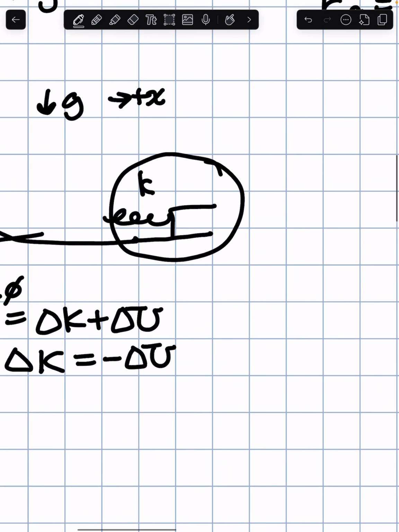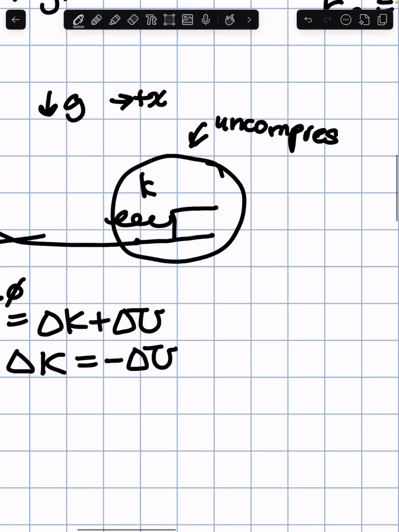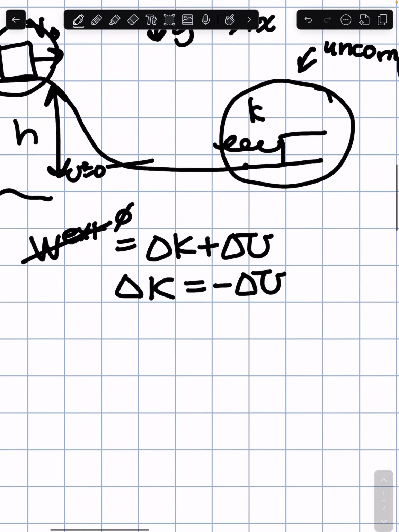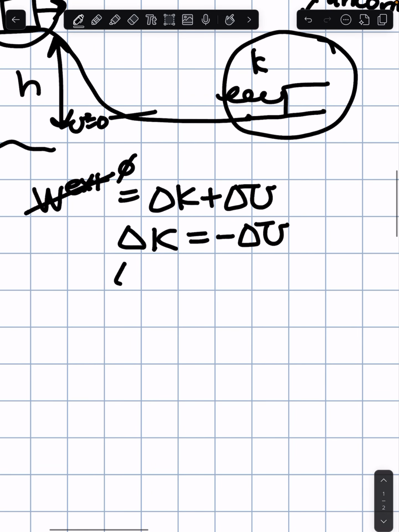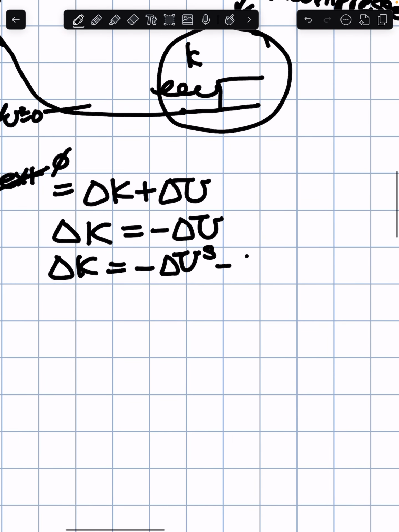Let's also remind ourselves that the spring is going to start out uncompressed. So we're going to have delta K equals negative delta U of the spring minus delta U of gravity.